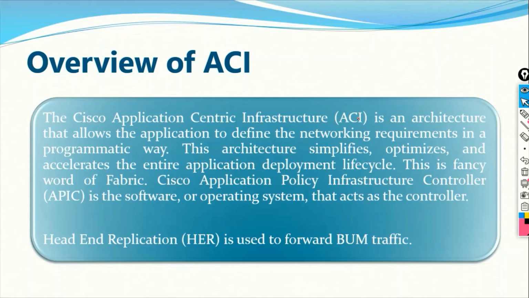ACI stands for Application Centric Infrastructure. As I wrote on the very first line, it's an application centric infrastructure. So this solution has been designed from an application perspective. Just remember, whenever any server or application needs to be implemented in your network, the server team or application team owner will come to you and say, boss, this server we would like to connect to your environment, give me the port, allow these VLANs, and done.